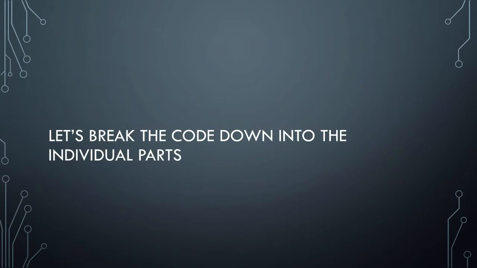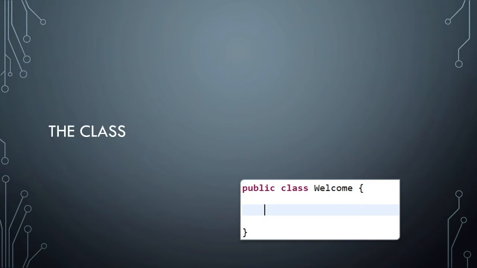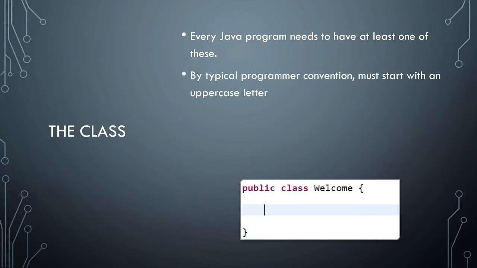So we're going to break the code down into its individual parts to really go over what makes up this program. First we have the class. As you can see, every Java program needs to have at least one of these to run. By typical programmer convention, the name of the class must start with an uppercase letter, and the syntax of the class structure usually means the scope modifier: public, private, or protected.